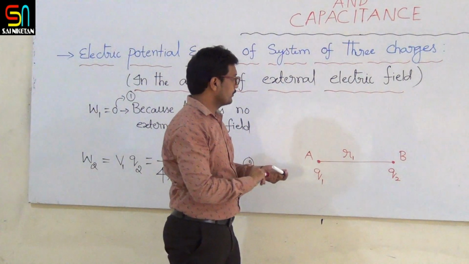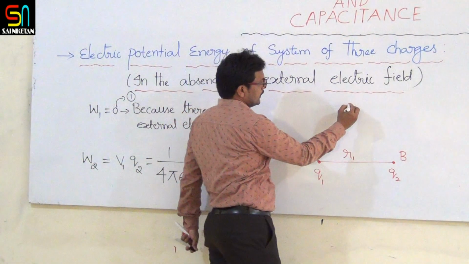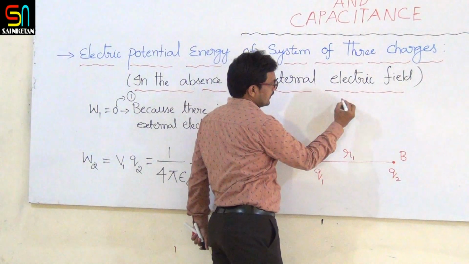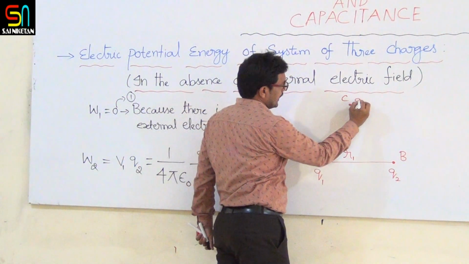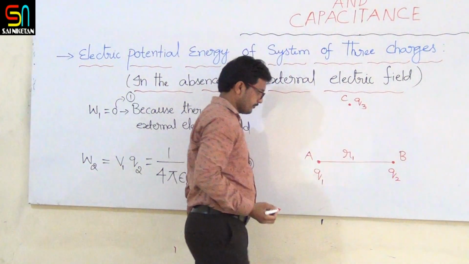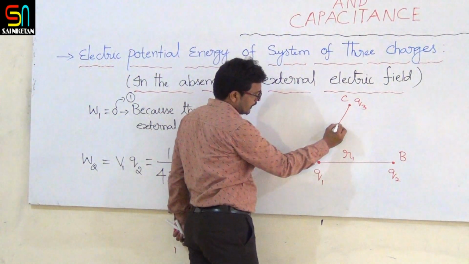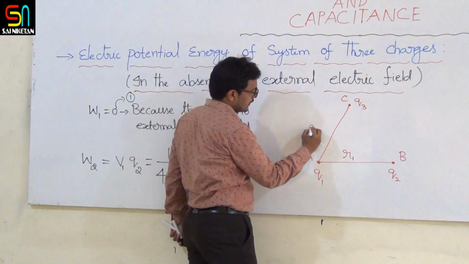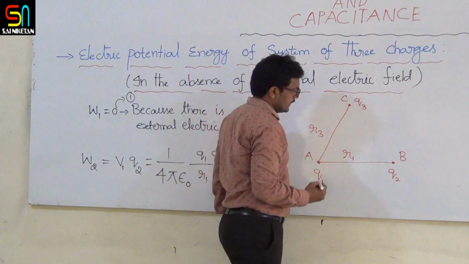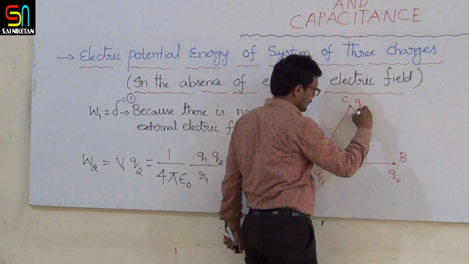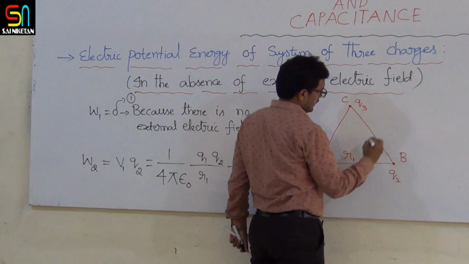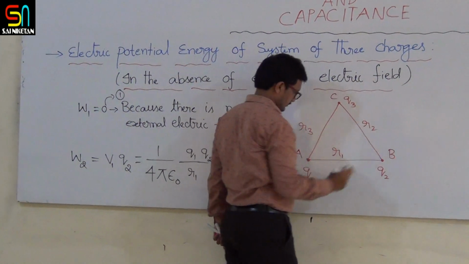So now I am going to bring the charge Q3 into this field. That point we consider C, and the charge is Q3. Now the distance from Q1 to Q3 is R3, and the distance from B to C is R2.